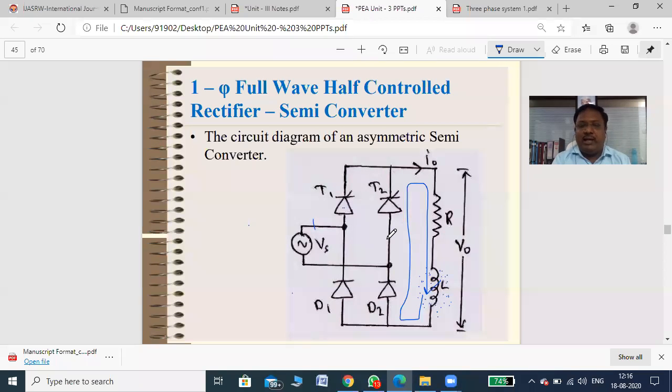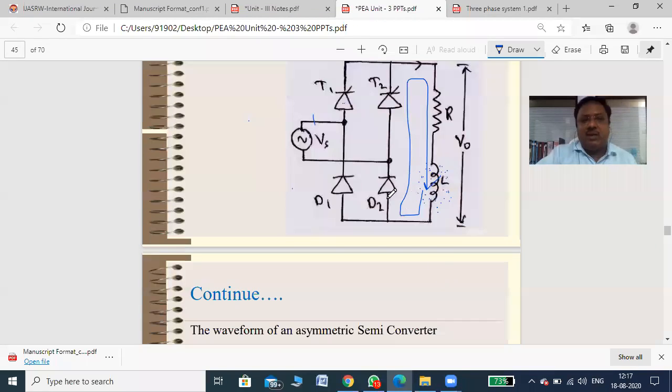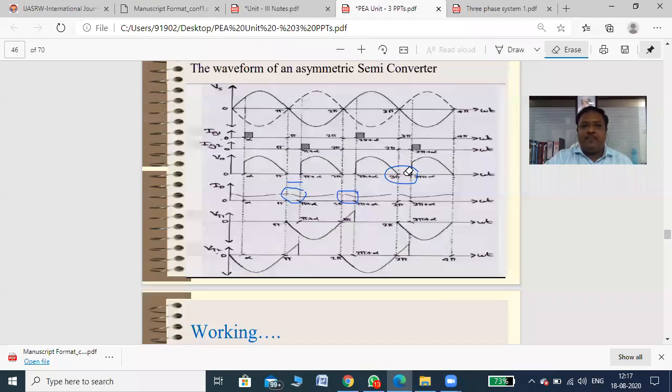Similarly, during the negative half cycle, from 2 pi to 2 pi plus alpha, the diode D2 acts as a freewheeling diode. Again the same thing, the negative part of the output is eliminated. So this is about the asymmetric semi-converter.